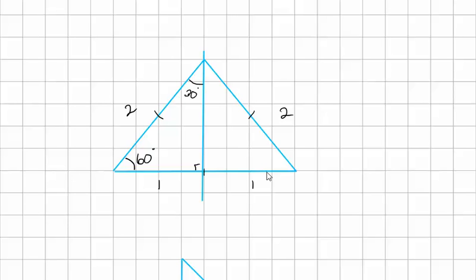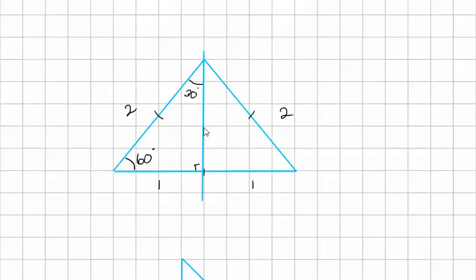Now, what I will also want to do is work out the height of this triangle. How do we do that? Pythagoras theorem.